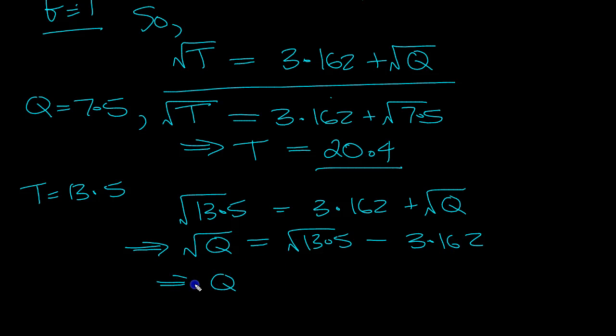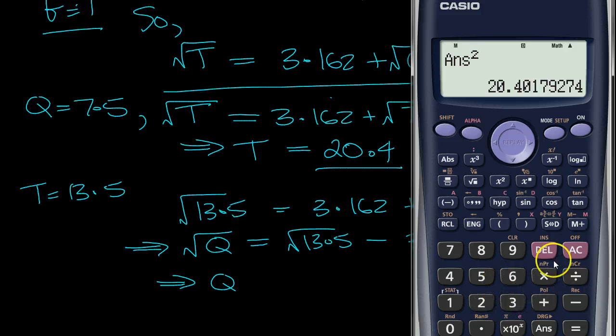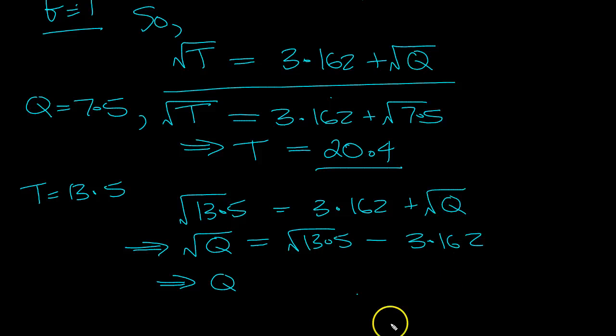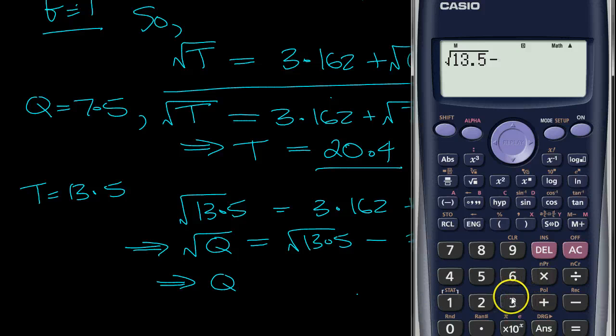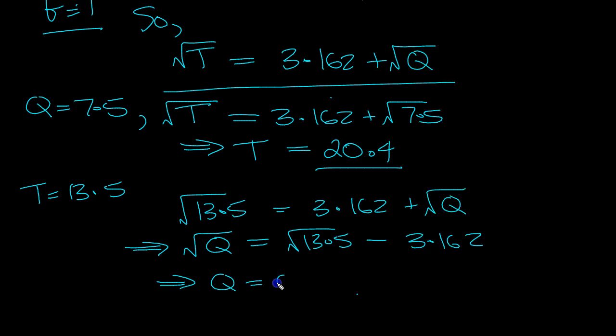So Q will equal then, square root of 13.5 minus 3.162 is 0.5, and then we do answer squared, don't we? To undo the square root. 0.262. And Q was the shear rate from the formula when T was 13.5. Now it's to 3D.